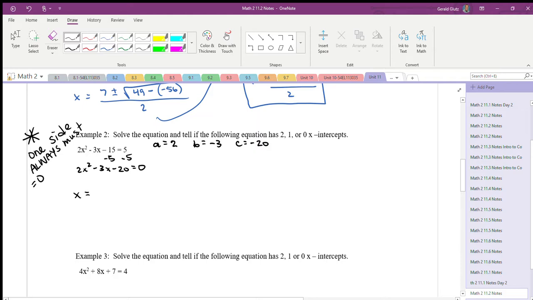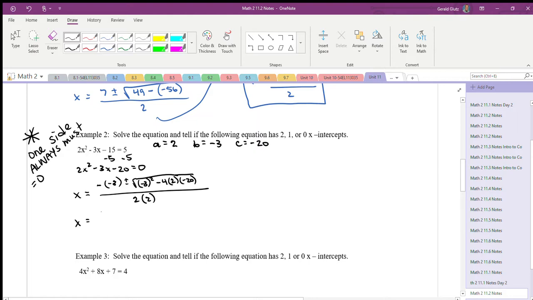So I know that x is going to equal negative b, so negative negative 3, plus or minus the square root of b squared, so negative 3 squared, minus 4 times a times c, all divided by 2 times a, so 2 times 2. So I have everything entered where it's supposed to be. Don't forget parentheses around each variable that you substitute.